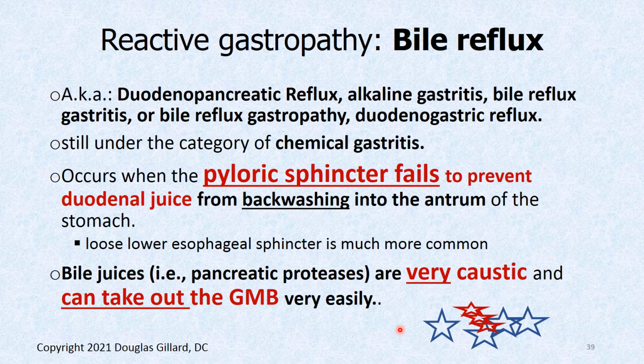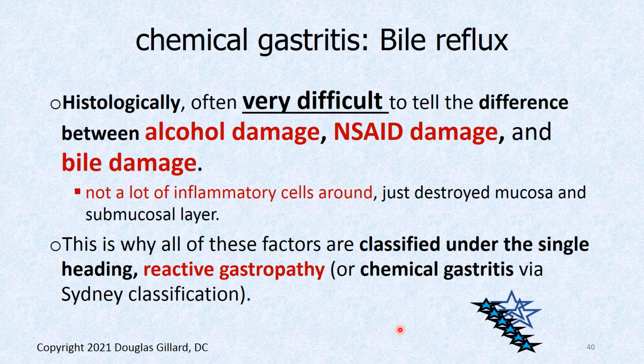I'm just going to call it bile reflux or bile reflux gastropathy. And it occurs when the pyloric sphincter fails for whatever reason and bile backwashes into the stomach. Bile is very caustic to the stomach. It goes right through the gastric mucosal barrier and wipes out the stomach.